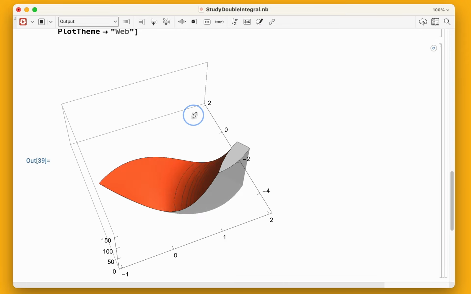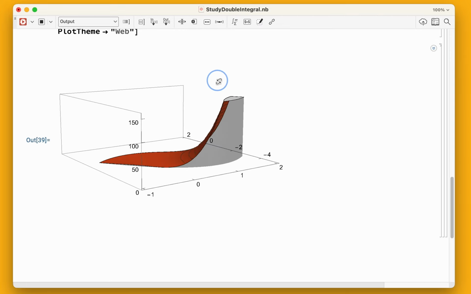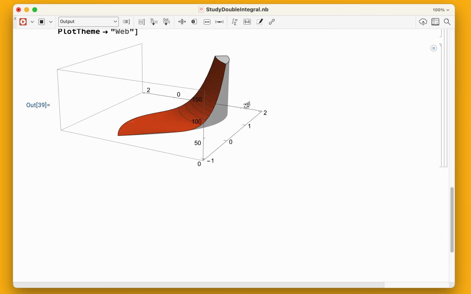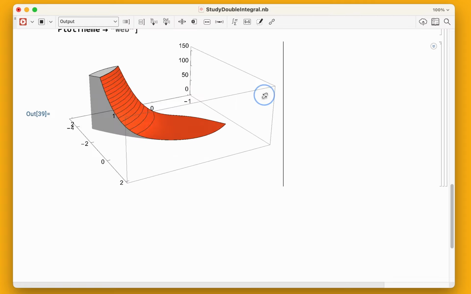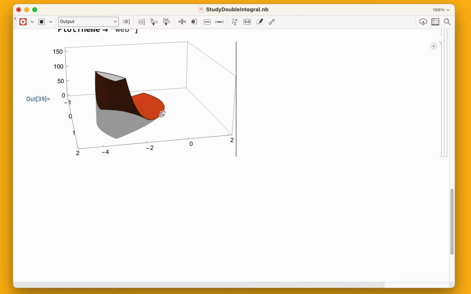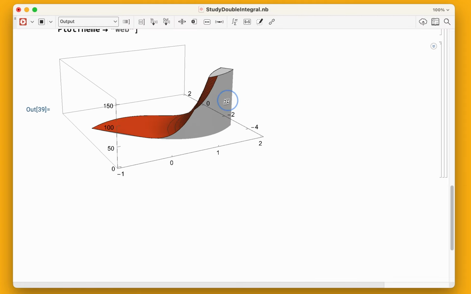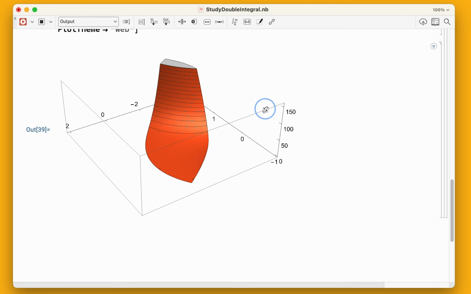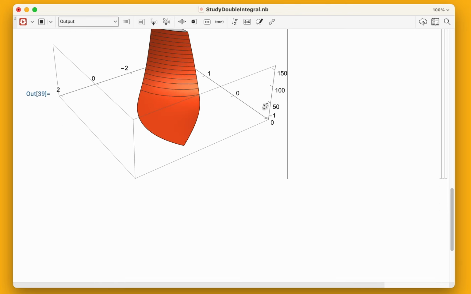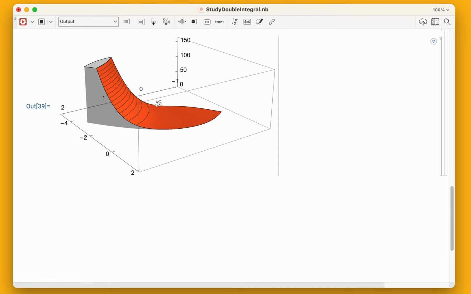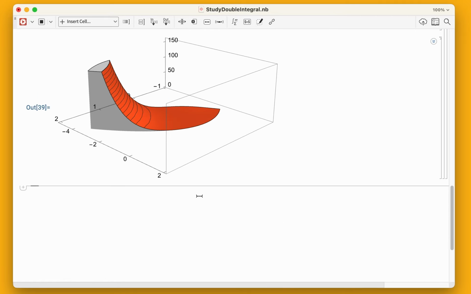So the domain represents the area, and now we have plotted the z-axis, represented by the function, and it gives us the total volume of that area. Now we are almost done. So basically this is what the double integration will achieve, right?